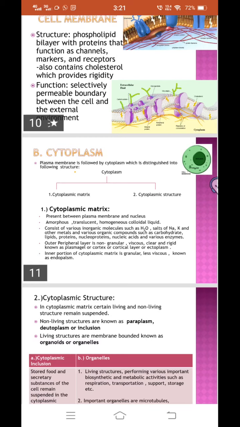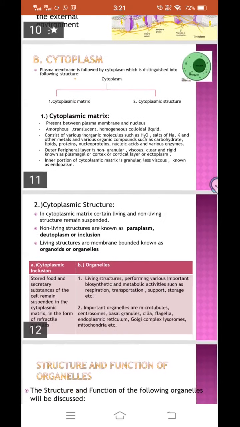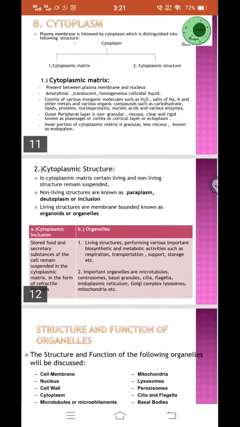Okay, and along with the water and inorganic salts, some organic compounds are also present in the cytoplasmic matrix, such as carbohydrate, lipid, protein, nucleic acid, different enzymes. An enzyme is also a type of protein. Okay, so all these substances are present in the cytoplasmic matrix, which is very important to the cell.